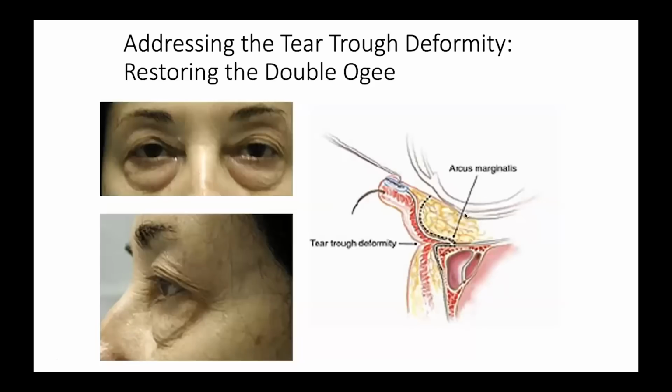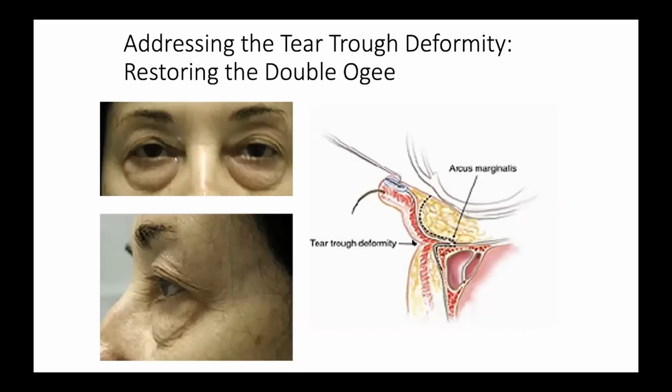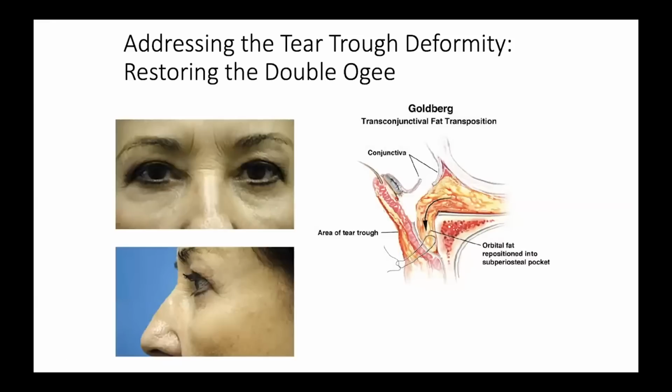So what we like doing a lot of times, because we know that people haven't lost fat, it's just been displaced, we'll actually release this arcus marginalis here and displace the fat and bring it down to treat the tear trough. So here we've released that orbital malar ligament and we've taken our little pedicle of fat and we brought it down into the tear trough and into the cheek. And now that recreates that nice smooth angle.